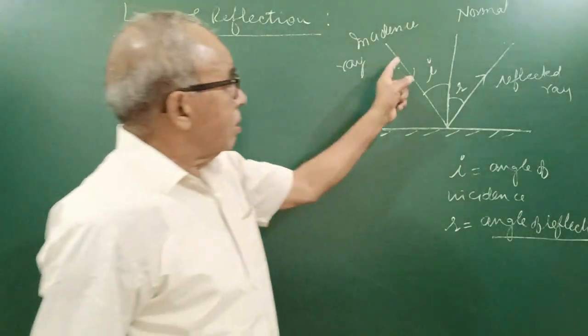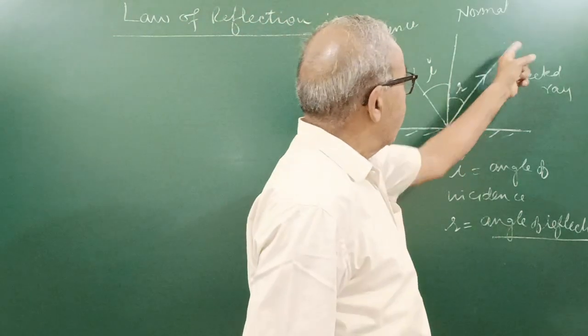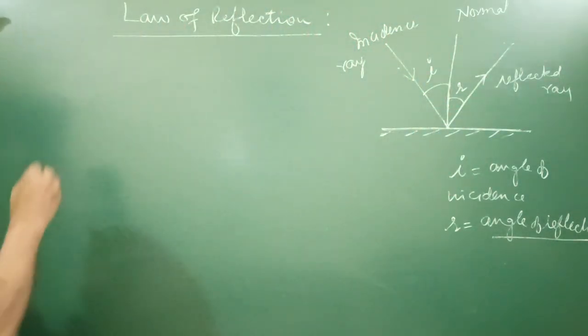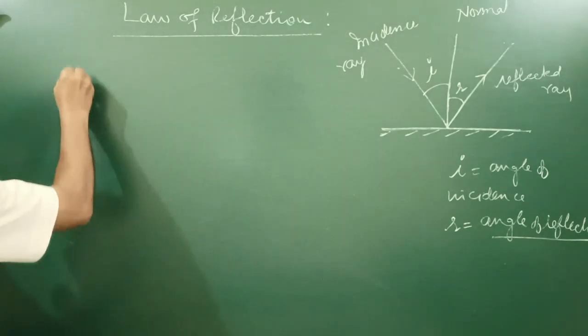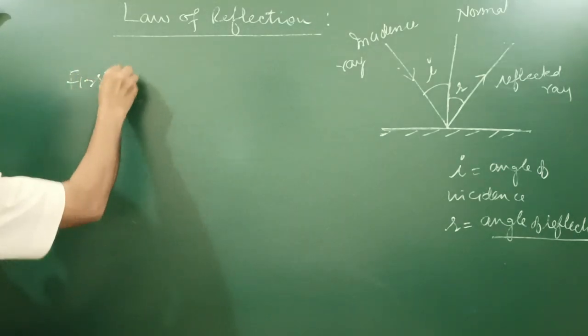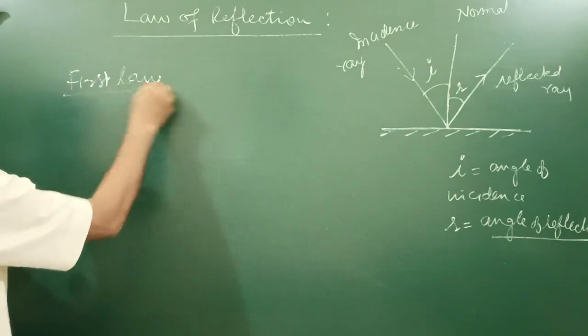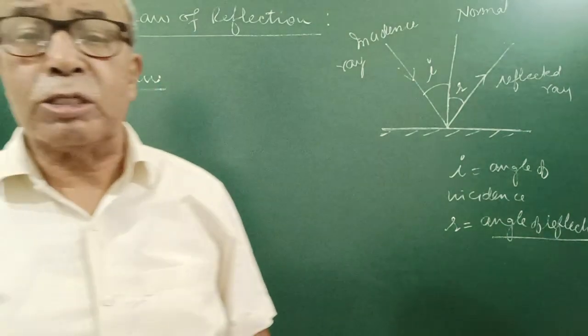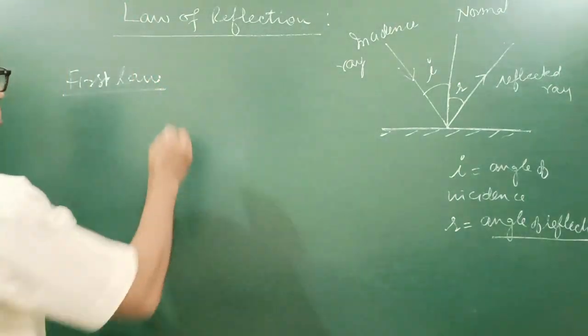So it is clear that there is the incident ray, reflected ray, and normal. Okay. Now here, laws of reflection. First law: we call it very casually, and there was a problem in understanding the first law. You will face it also here.